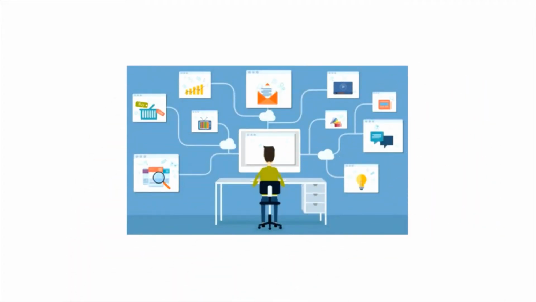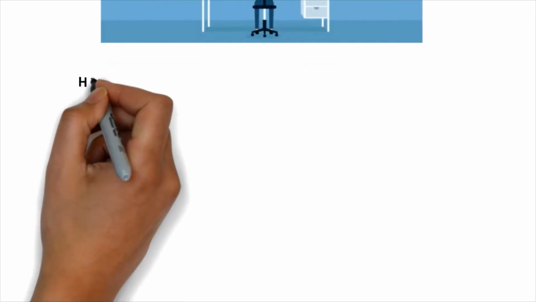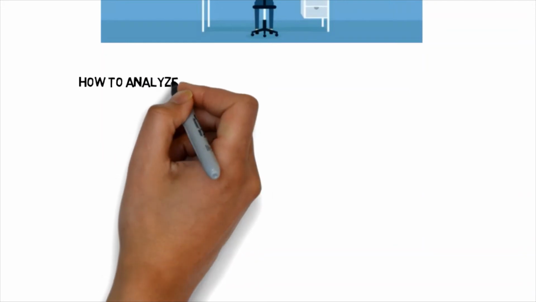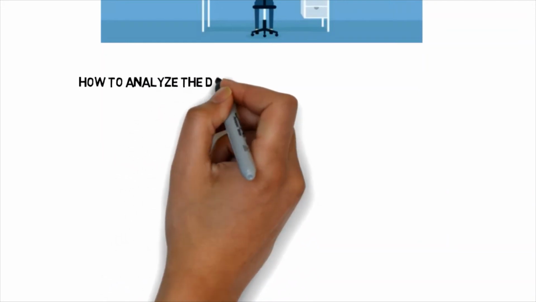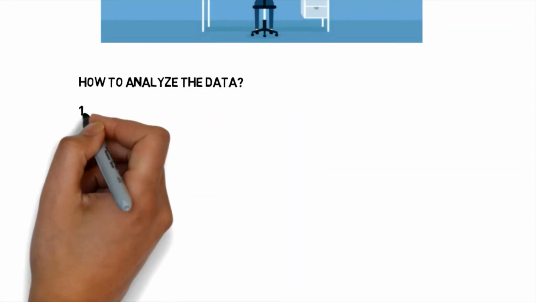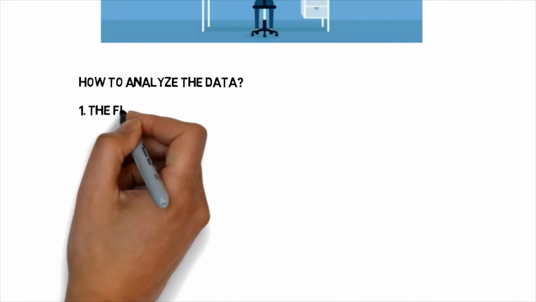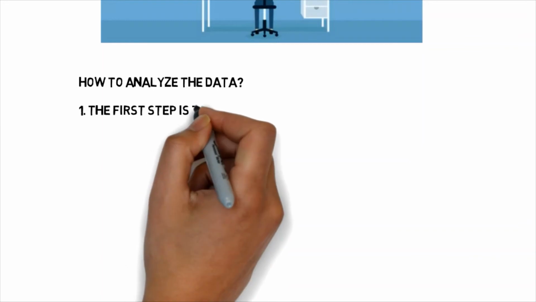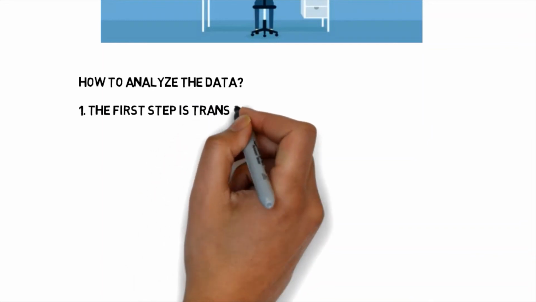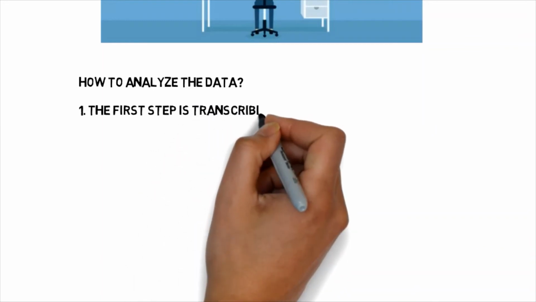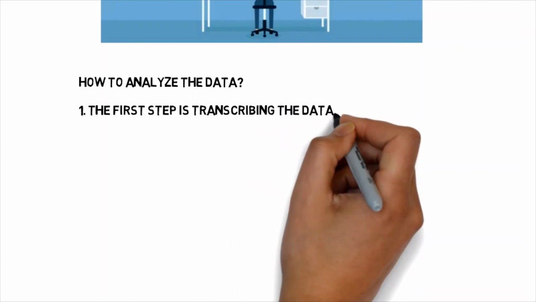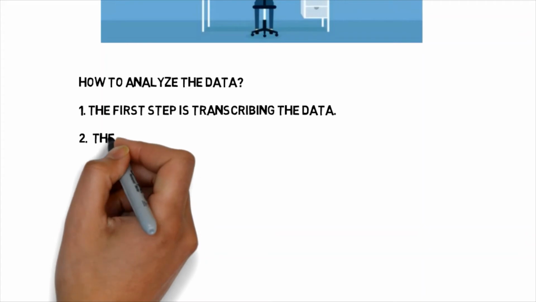The data will be collected in the form of qualitative data. To analyze the qualitative data, the researcher will do some steps. The first step is transcribing the data. After the researcher collected the data, the researcher transcribes the data to review the initial data and look for patterns and ideas of the answers to the questions.